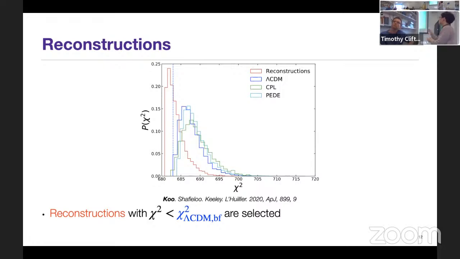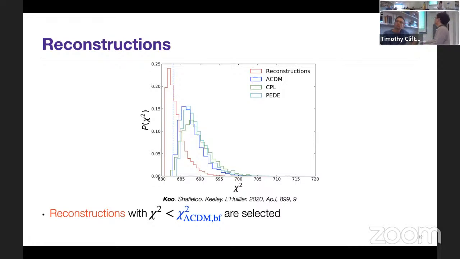But now I got the reconstructions from those different sets of hyperparameters. I'm going to choose the reconstructions which have a chi-square value lower than the chi-square value that corresponds to the best fit to lambda CDM. This is for showing the possibilities which have higher likelihood than the lambda CDM using this model independent reconstruction.